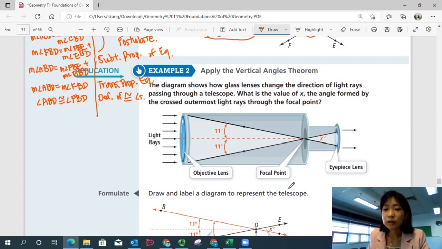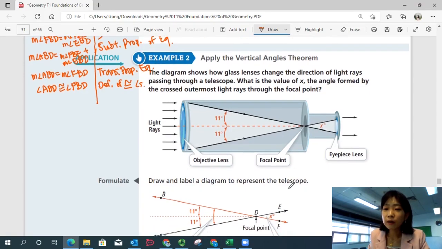Apply the vertical angles theorem. The diagram shows how glass lenses change the direction of light rays passing through a telescope. What is the value of x, the angle formed by the crossed outermost light rays through the focal point? So we see light rays going through here, and then this is the objective lens that it's going to go through.